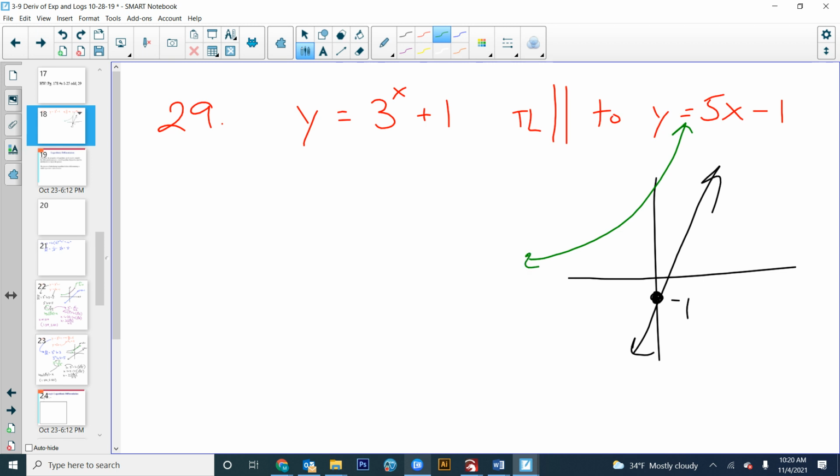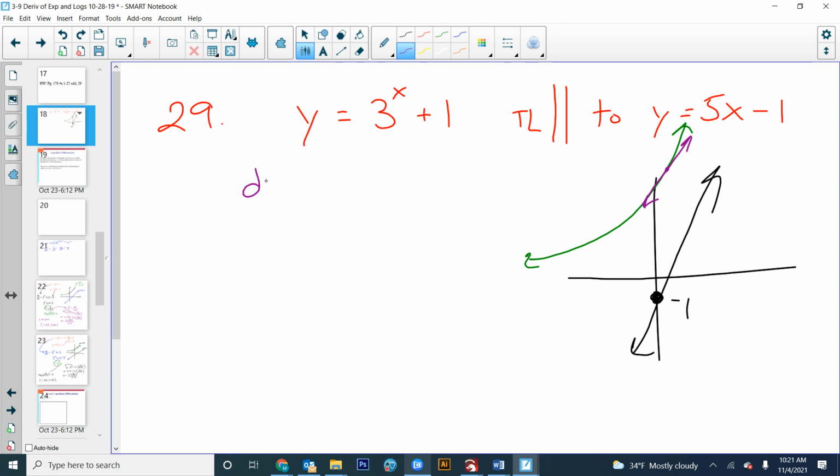Think of e to the x. e is 2.718 to the x. 3 to the x plus 1. Right? So can you see the point? Can you kind of see it? The point where the slope of the tangent line is 5, the slope of this line? So it's where the derivative of this thing equals 5.